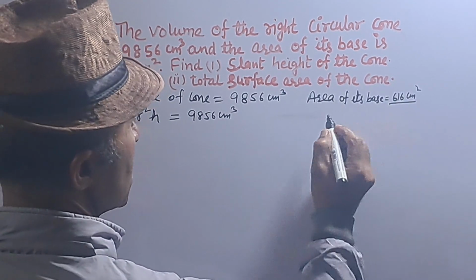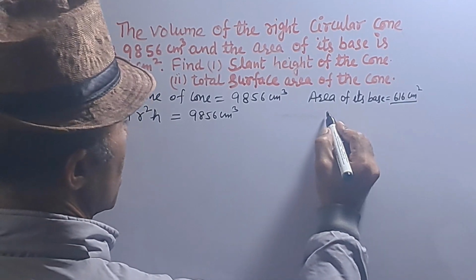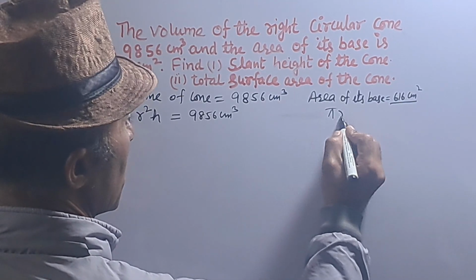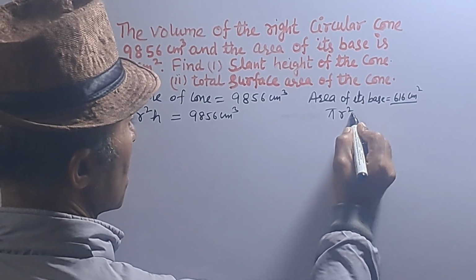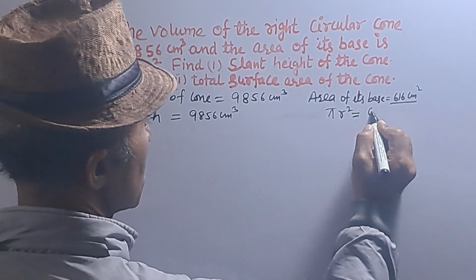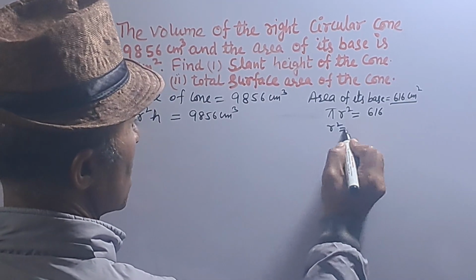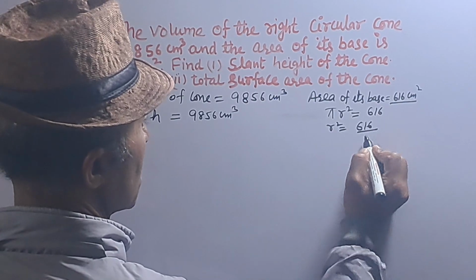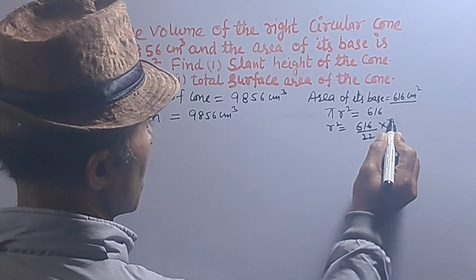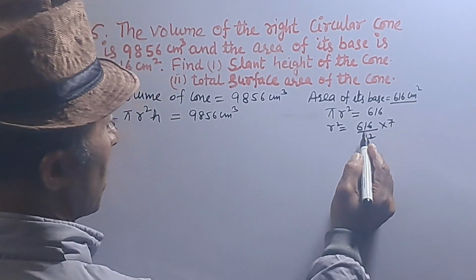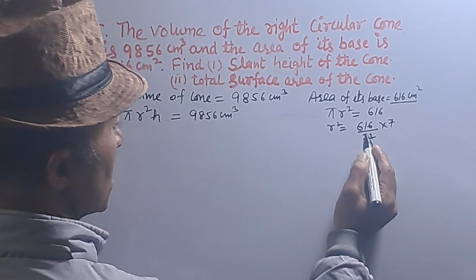Area of its base is 616 centimeter square. Pi r square equal to 616. R square is equal to 616 upon pi, which is 22 upon 7, 7 multiplied by 616.